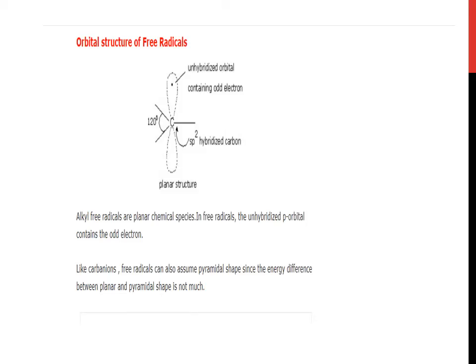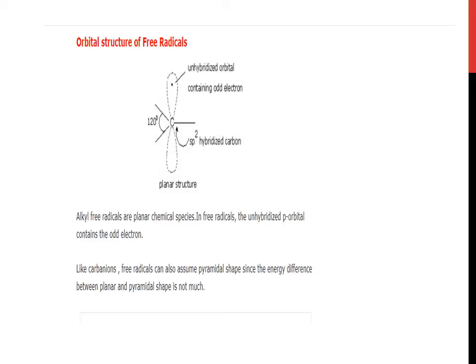Now the orbital structure of free radicals. It was also done in the case of carbocation and carbanion. Here this carbon is sp2 hybridized, and one lobe of the p orbital contains one dot, as is visible on the screen. This one dot shows one single electron.